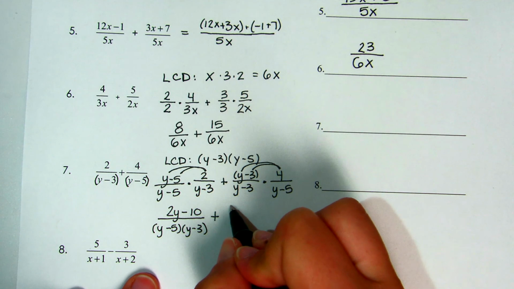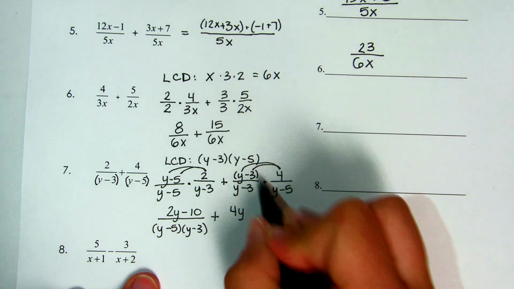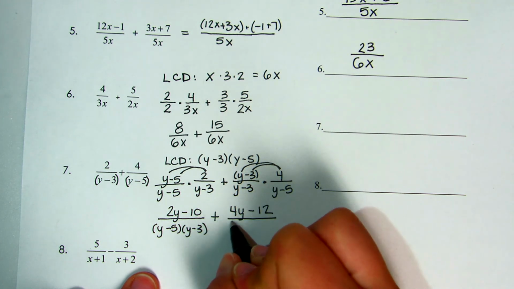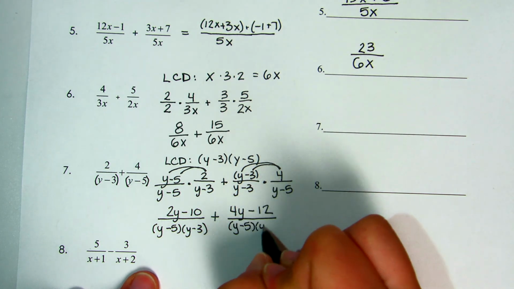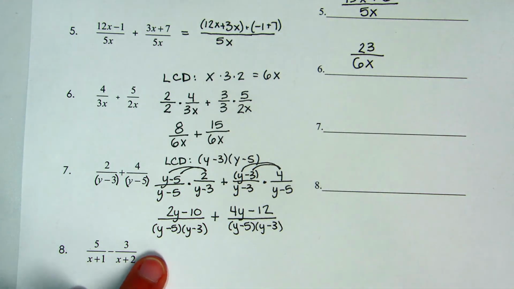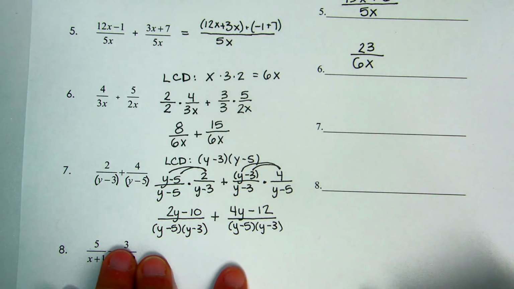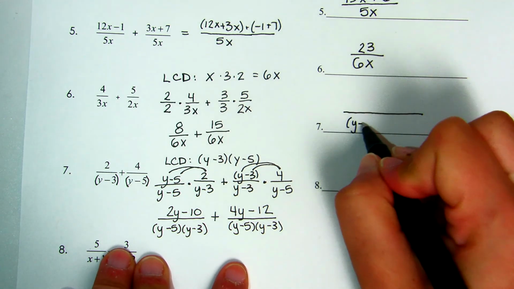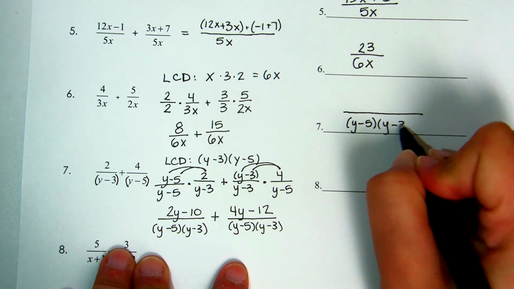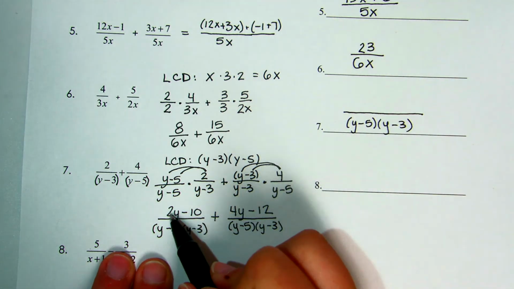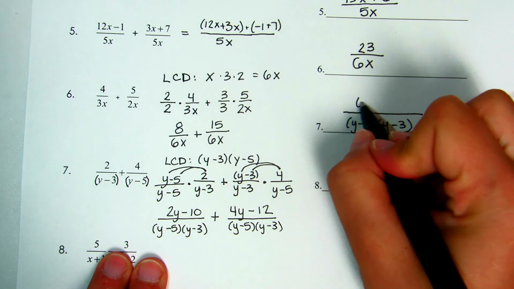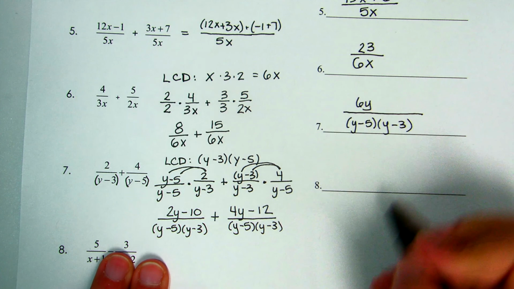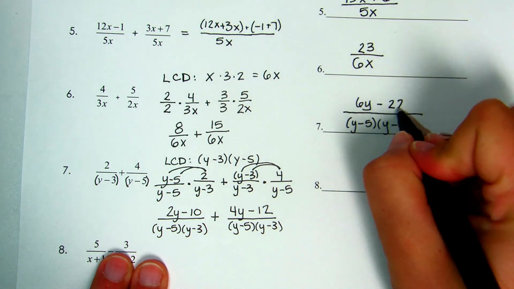So 4 times y is 4y. 4 times negative 3 is minus 12 over my common denominator, y minus 5 times y minus 3. Now I'm going to combine like terms and leave it over my common denominator. So number 7, my common denominator is y minus 5 times y minus 3. And on top I have 2y plus 4y to get 6y. And I have negative 10 plus negative 12 to get negative 22.